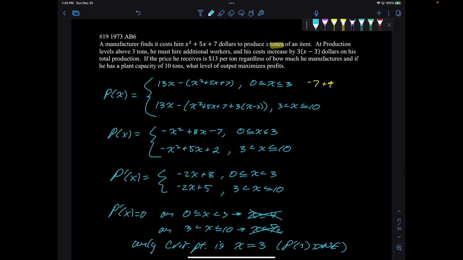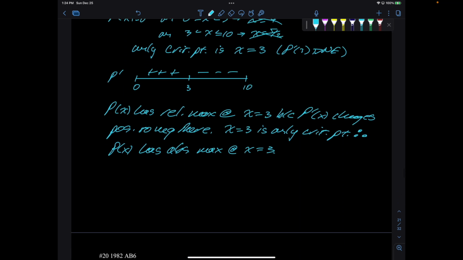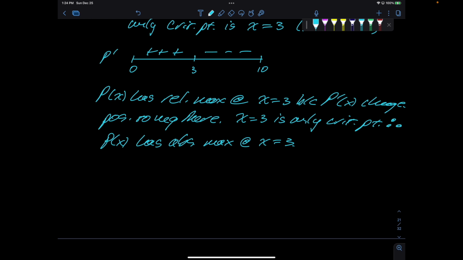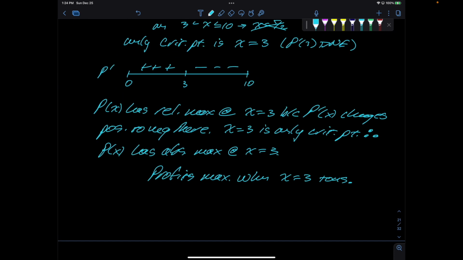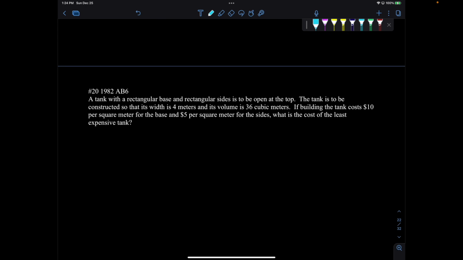And then what are we trying to answer? If the price is this, what level of output maximizes the profits? Profit, I'm just going to write profits maximized when x equals 3 tons. Okay, so when the output is 3 tons, I don't really know if I need to go that in depth with my description, but I'm not going to.